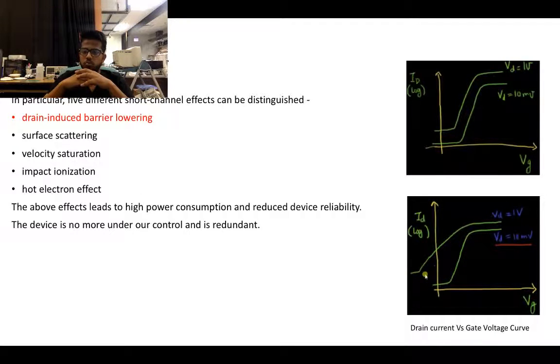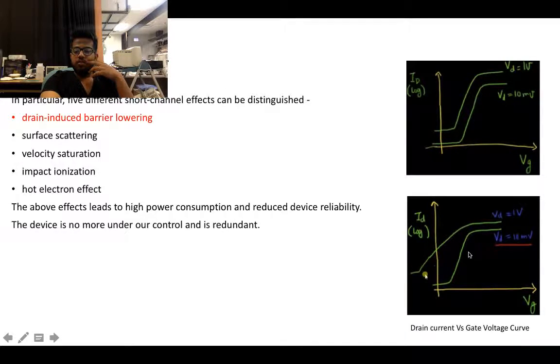To the right, you will see two graphs. The first graph is a long channel, the second one is a short channel. As you can see, at both different drain voltages, VD is 1 volt and VD is 10 millivolt, the characteristic of ID versus VG is similar, just there's a shift.